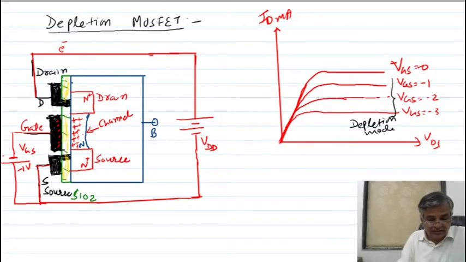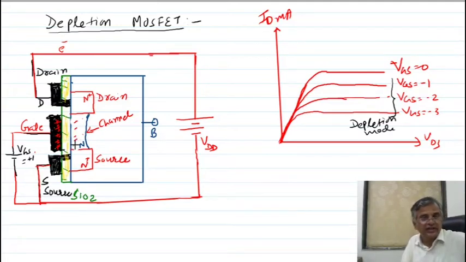Suppose someone says, sir, can we make the gate positive? Yes, you can make it positive. Look here. If I make VGS plus 1, you will get positive charge here. So negative charge is enhanced or induced in the channel.